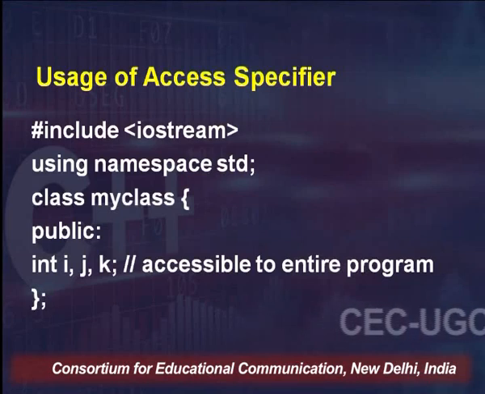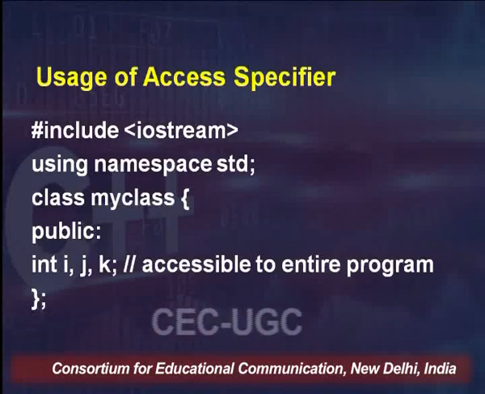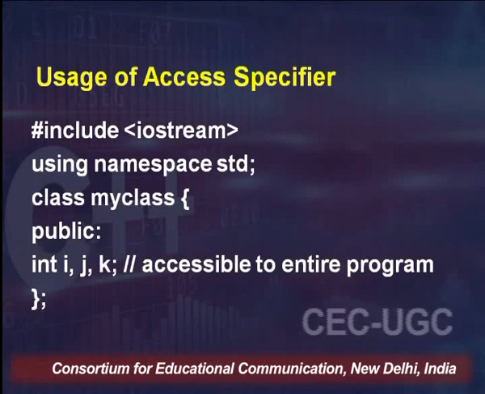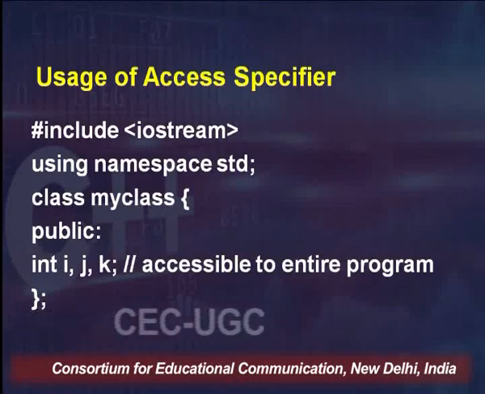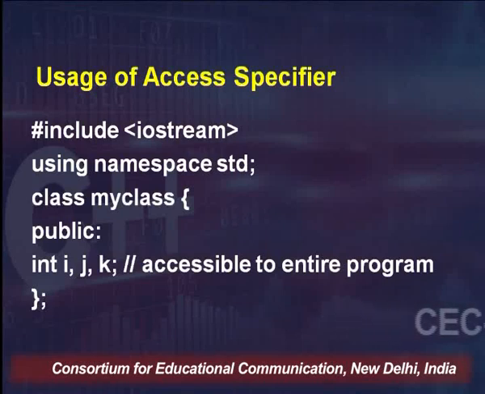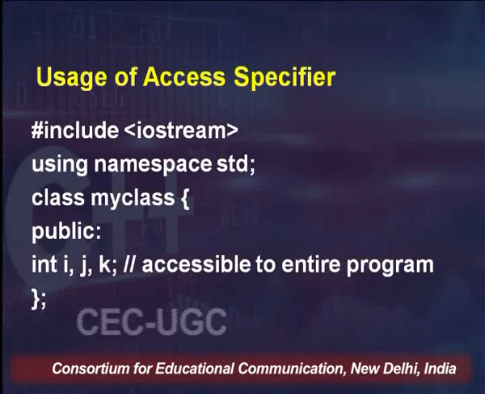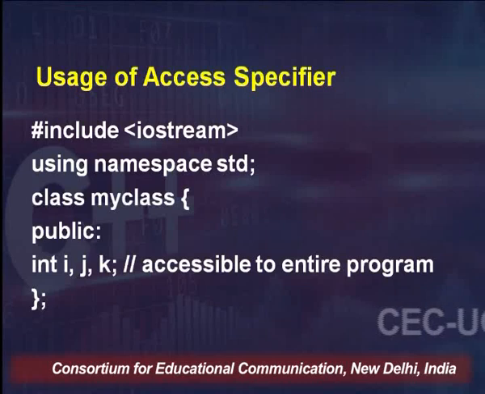Two standard statements, which is #include iostream and using namespace std, and in this we have defined one class, the name of the class here is MyClass, and we have three members which are actually data members in terms of variables, three integer variables which are i, j and k, and these are defined inside the public section, and as these are defined inside the public section, we can say these are accessible to the entire program.